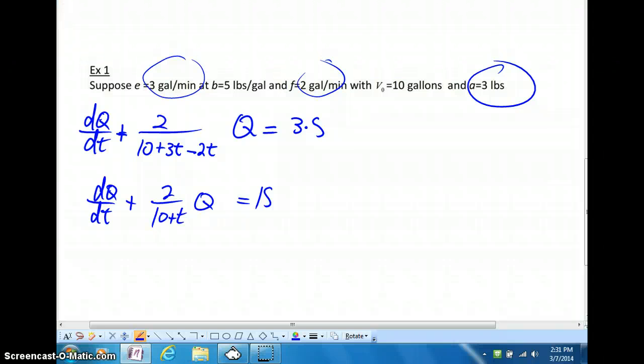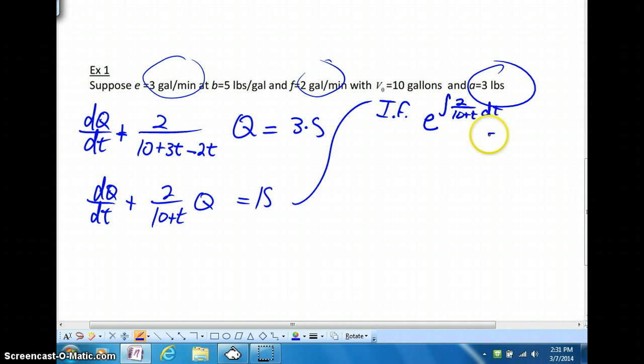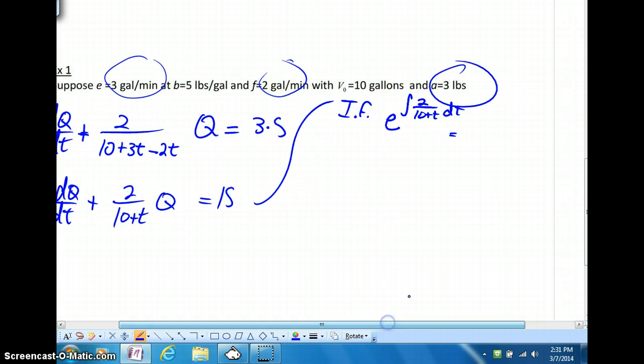Okay, so we're looking at this. I hope we can see that we need an integrating factor. Here's our integrating factor. We'll have e to the integral of 2 over 10 plus t with respect to t. Well, we could pull out a 2.